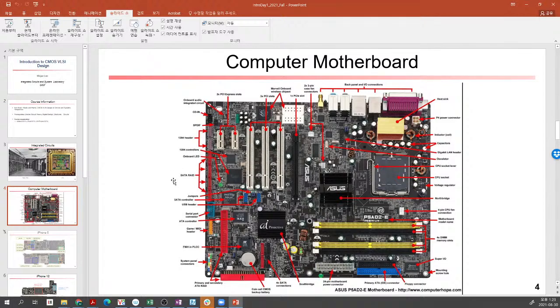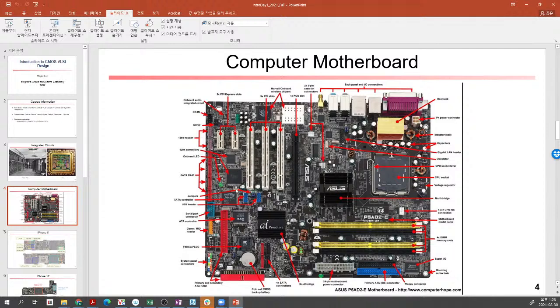You have SATA connectors here, and probably these are controllers. So you can see many components in this motherboard.